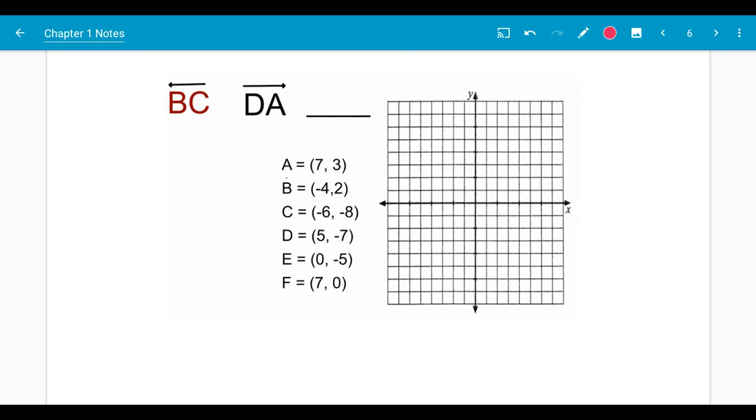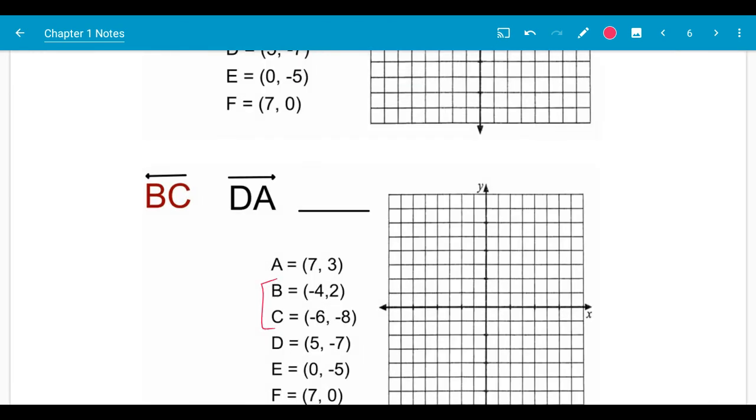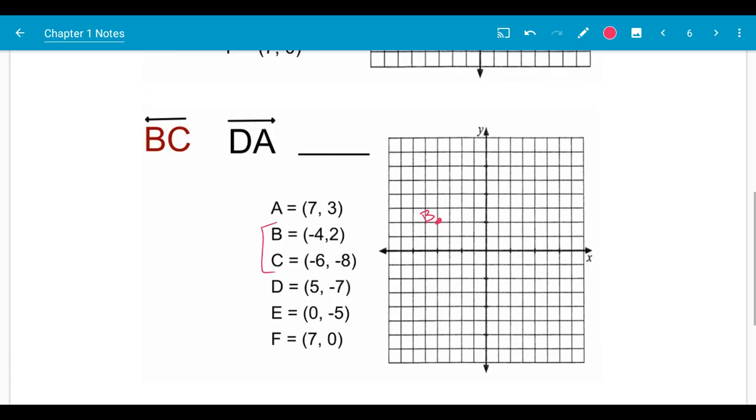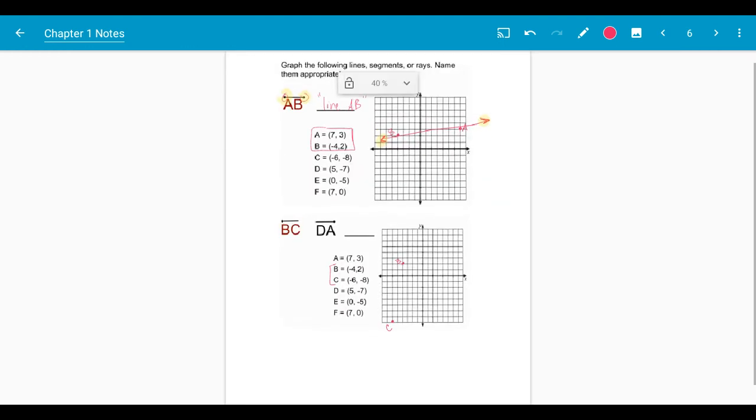So BC, I need these guys. B is negative 4, 2. C is negative 6. Oof, that's low. All right, negative 6, negative 8. That's C. Now, what is happening?